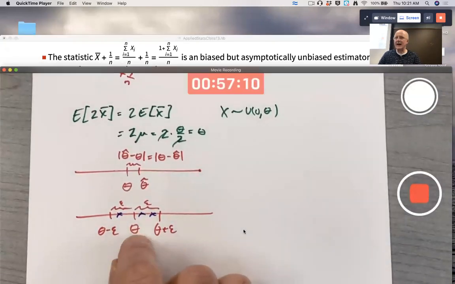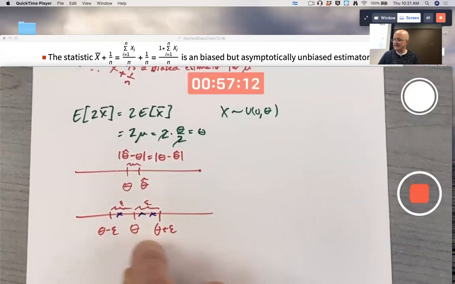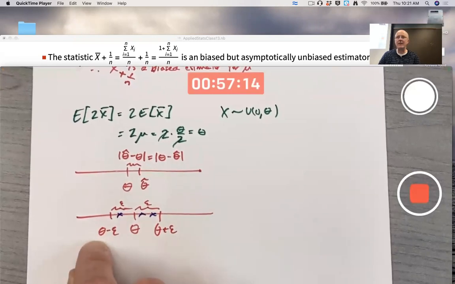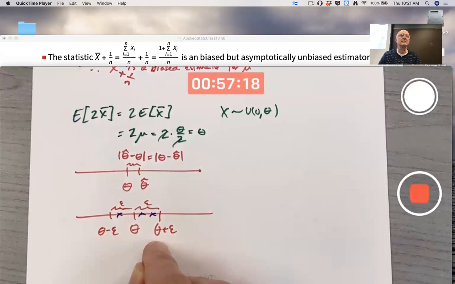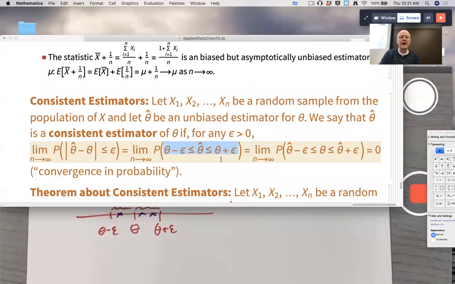You could say an observed value of theta hat is there, this is theta hat plus epsilon, that's theta hat minus epsilon, and then theta itself is somewhere in the interval. You can think of it either way. Anyway, the probability of that goes to 0 as the sample size goes to infinity is what it means for theta hat to be consistent.